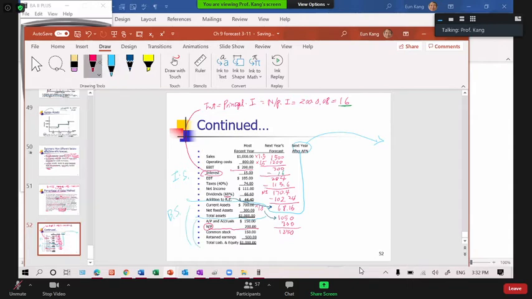Here we have AP and accruals. What do you want to do? AP and accruals are multiplied by 1.5. Check. 150 times 1.5 will be 225.